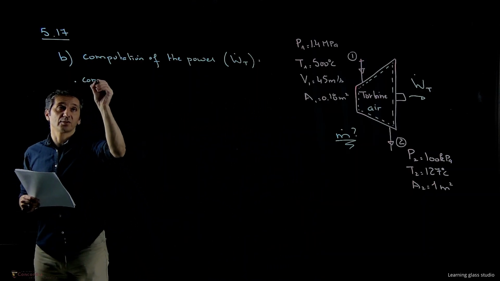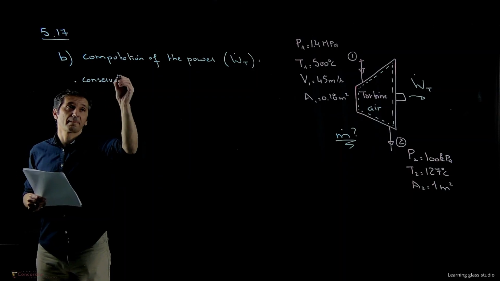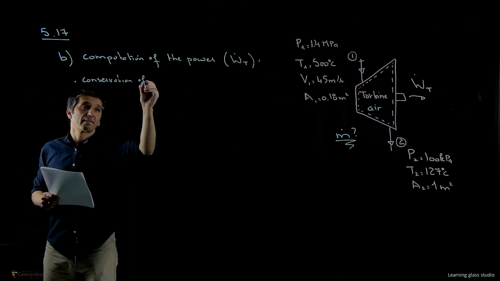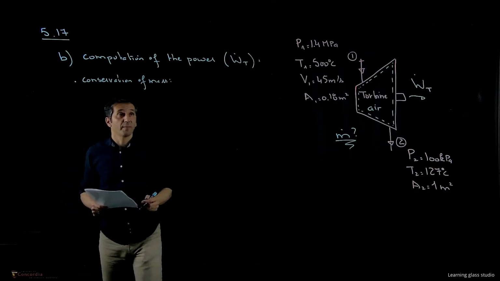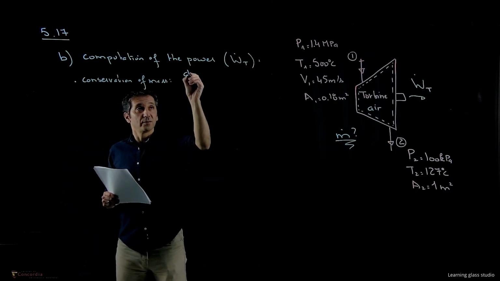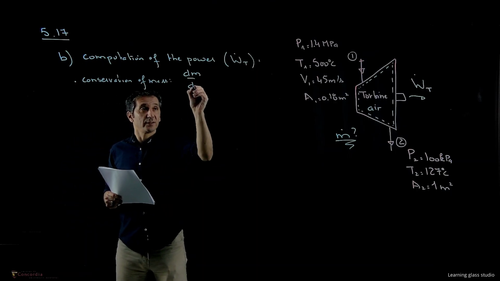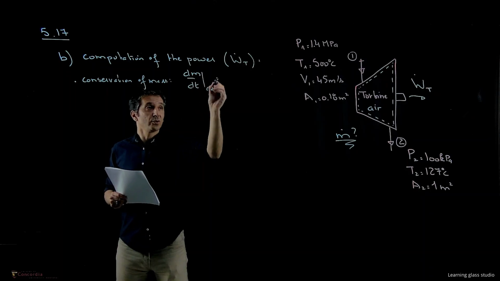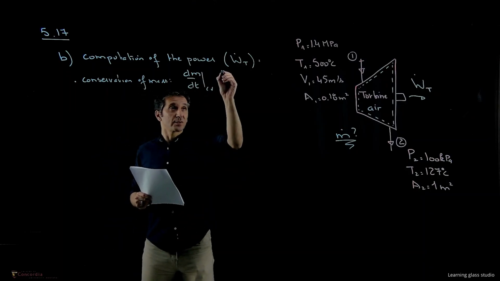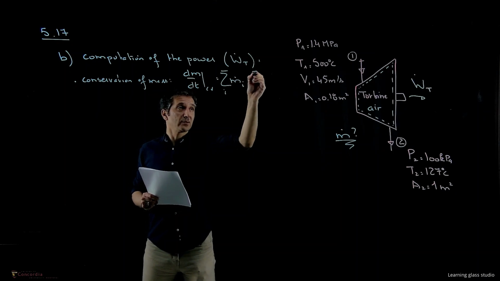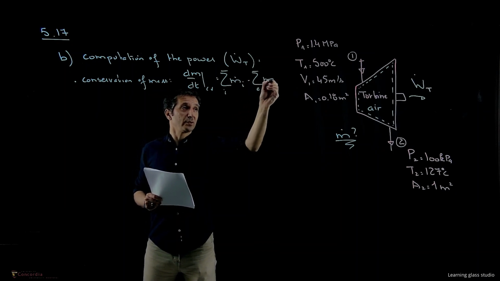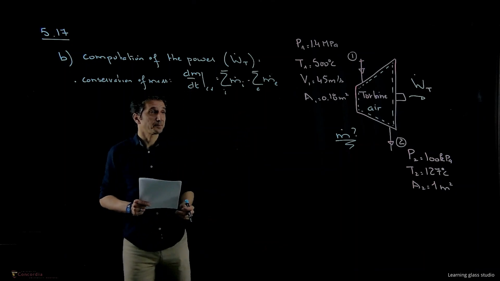So the conservation of mass is telling us that dm over dt, control volume, is equal to the summation over inlets, m dot inlet, minus the summation over all the exits, m dot exit.